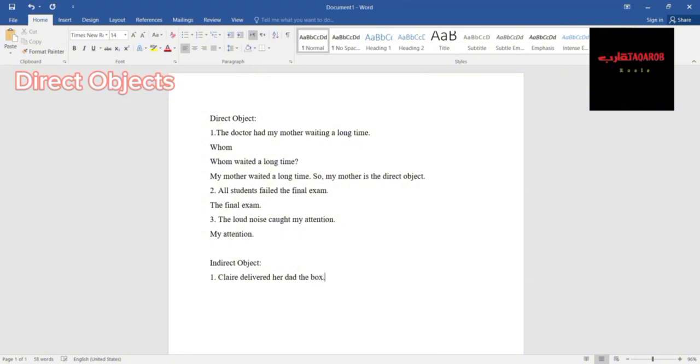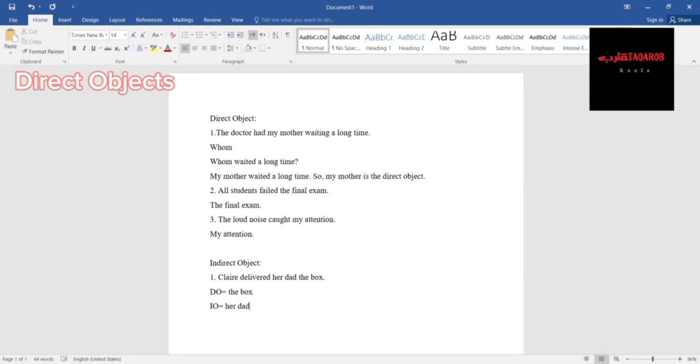Now, to whom did Claire deliver the box? To her dad. So her dad is the indirect object. The direct object here is the box, because Claire delivered the box, but to whom did Claire deliver the box? To her dad.